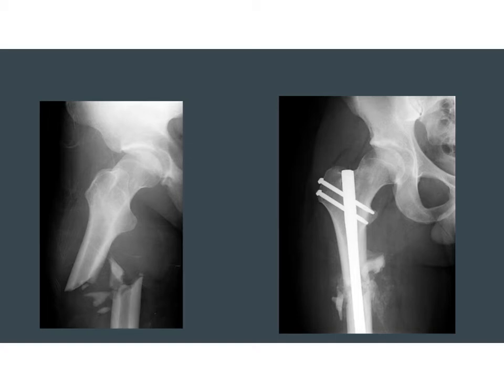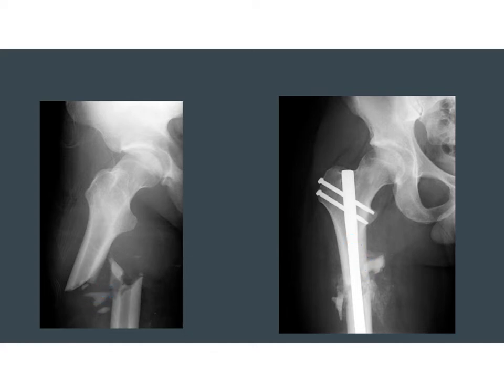So this first one, hopefully you recognize, is the pelvis, ilium, ischium, acetabulum. Here's the femur. You can see the head of the femur sitting nicely in the acetabulum. And this is a comminuted fracture. You can see those fragments there.